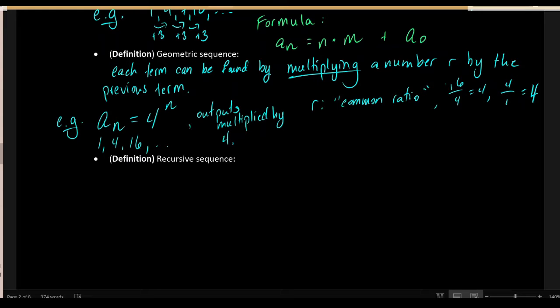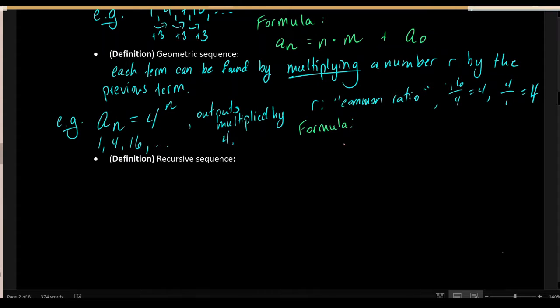Now, just like with arithmetic sequences, geometric sequences always have a formula that can be used to calculate terms really quickly. And just like the formula for an arithmetic sequence looked a lot like the equation for a linear function, the formula for a geometric sequence looks a lot like the formula for an exponential function.